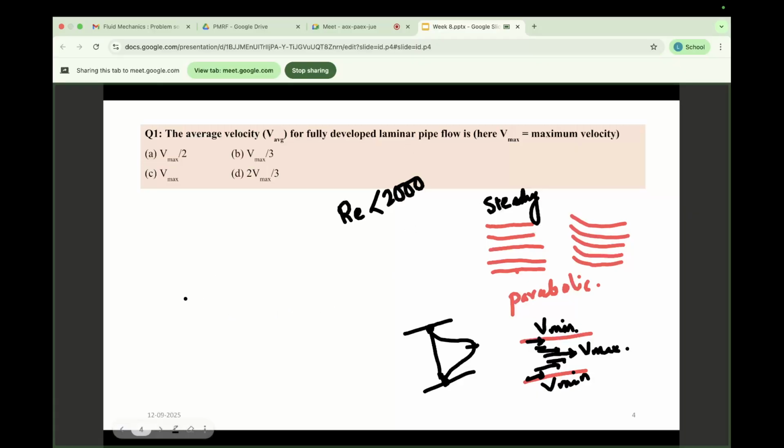Okay, and if I talk about turbulent flow, say this is a tube. If the first layer moves like that, the second layer like this, the third layer like that, but there is no uniform pattern between the layers, then that type of flow is known as turbulent flow. What is its basic characteristic?